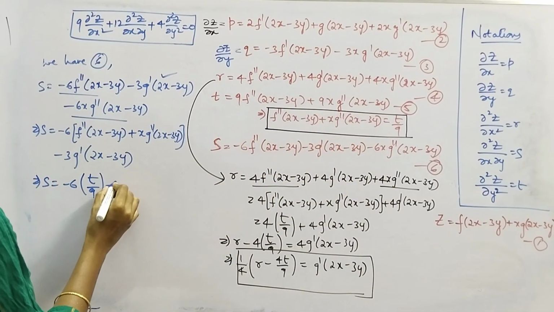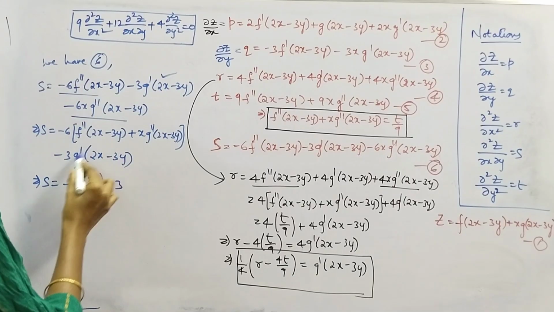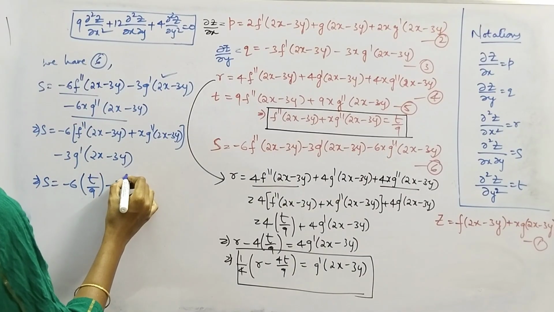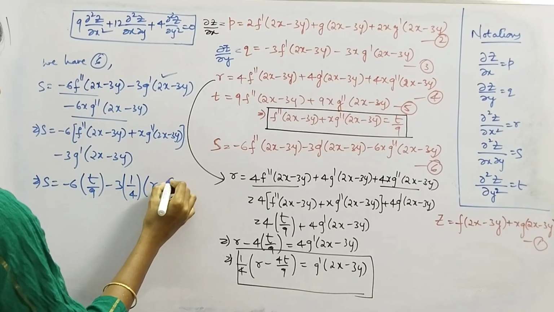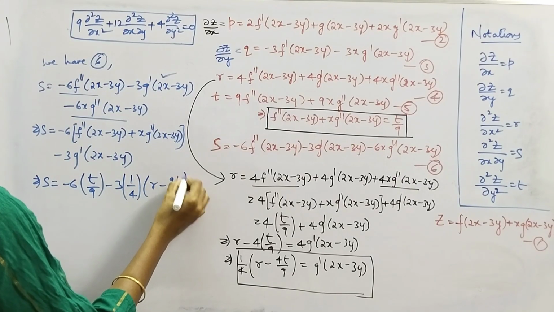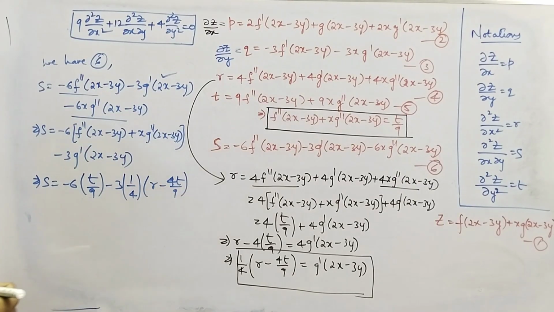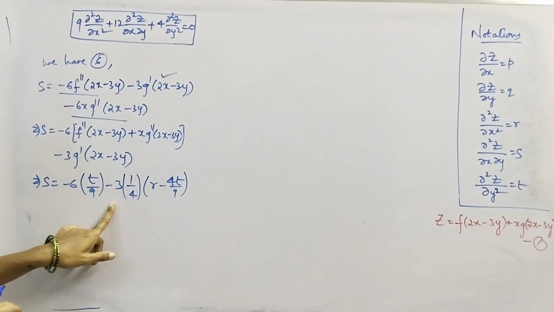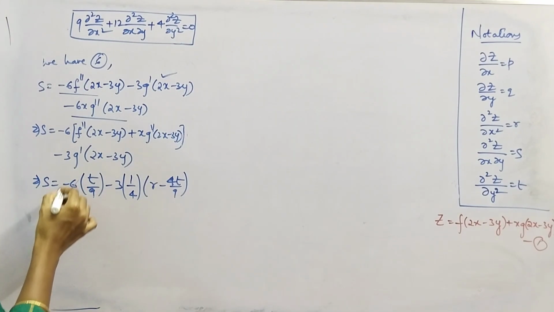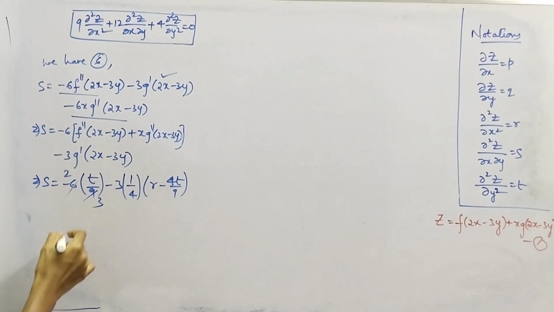Substitute it here. Minus 3 into, we have the value of g dash, that is 1 by 4 into r minus 4t by 9, right? Let's simplify this. Okay, 3 2s are 6, 3 3s are 9.